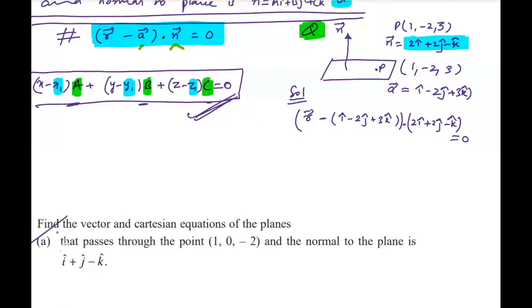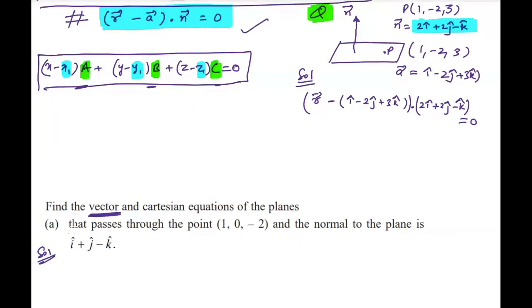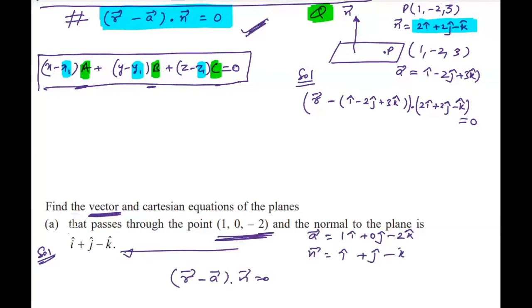Very simple. Find the equation of the plane in both forms, vector form as well as Cartesian form. We have the normal vector to the plane. Find it. The point is 1i plus 0j minus 2k. And what is the n vector here? The n vector is already given: i plus j minus k.